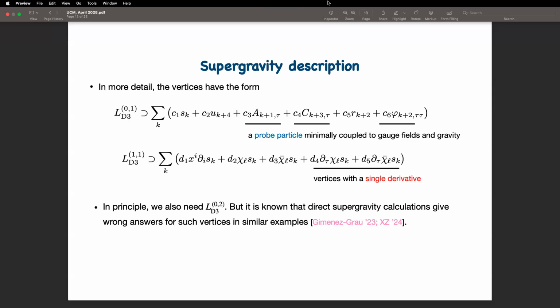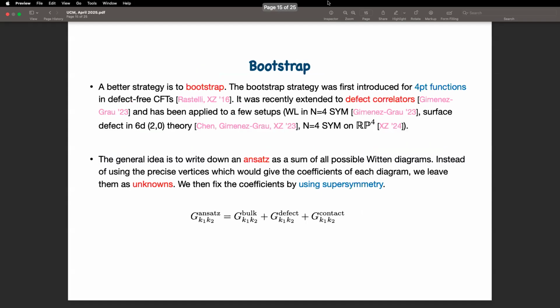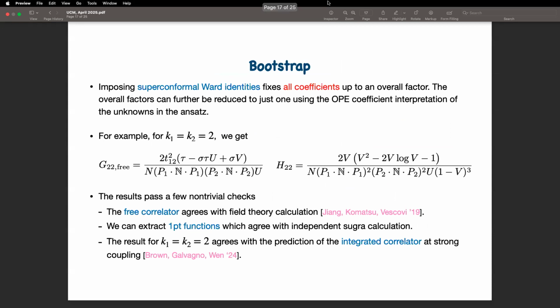And this information, these one-point functions, was never used in this algorithm. So that provides another consistency check. And very nicely, we find that from the two-point functions we get exactly the one-point functions you get from direct computation.